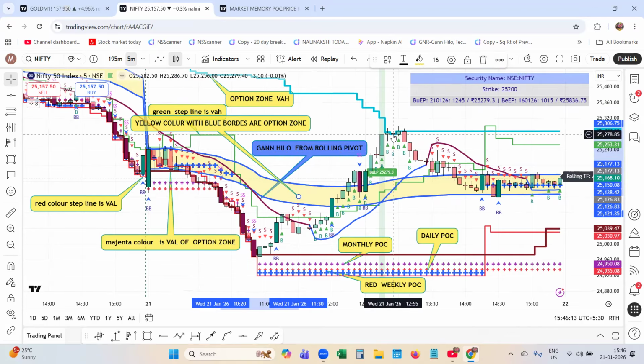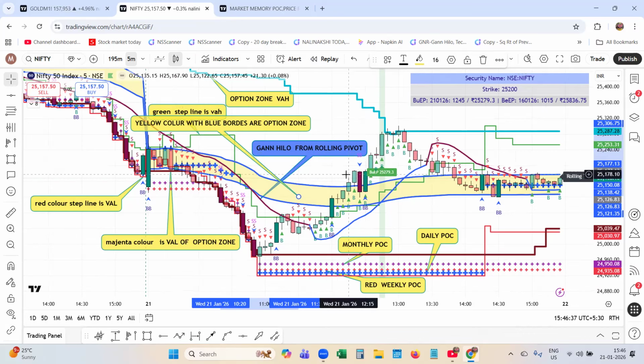After crossing the option zone, it came down, reacted, and traded towards the value area high of the option zone. This light blue color is the option zone. At that level, my EP indicator triggered a high volume signal. That is an indication you need to be cautious, because a bullish EP has been triggered.